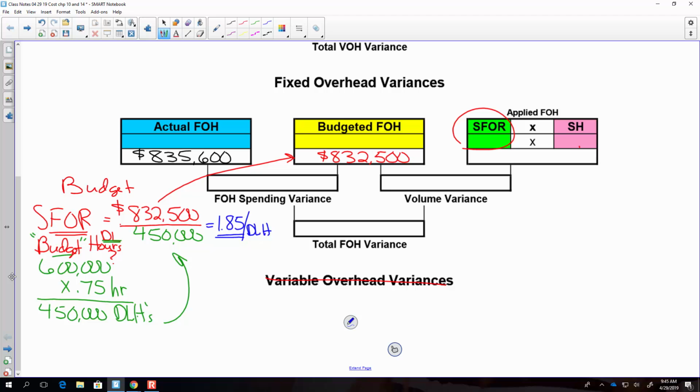So that's what I'm going to put over here, 1.85. So that's kind of how it's all linked together. Any thoughts on that? Any questions?